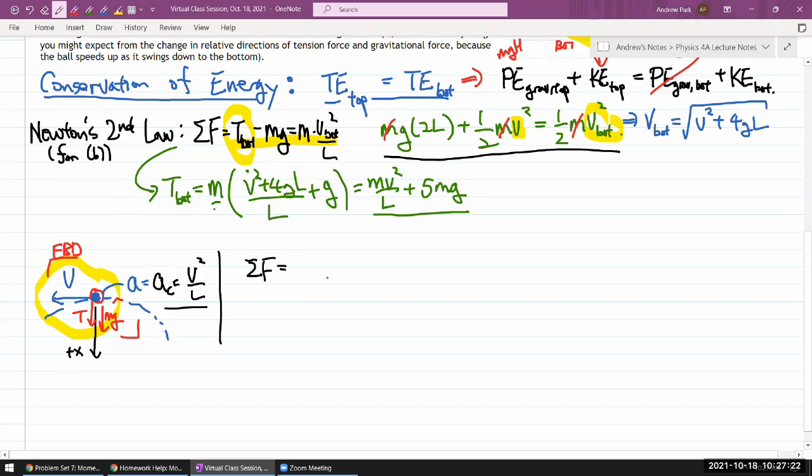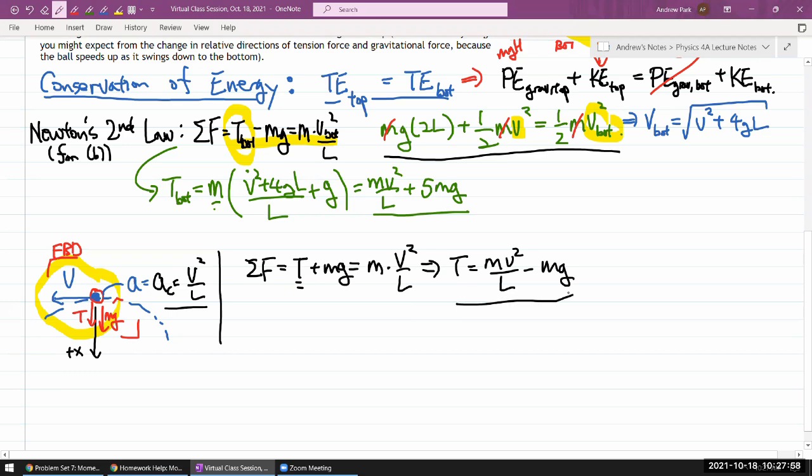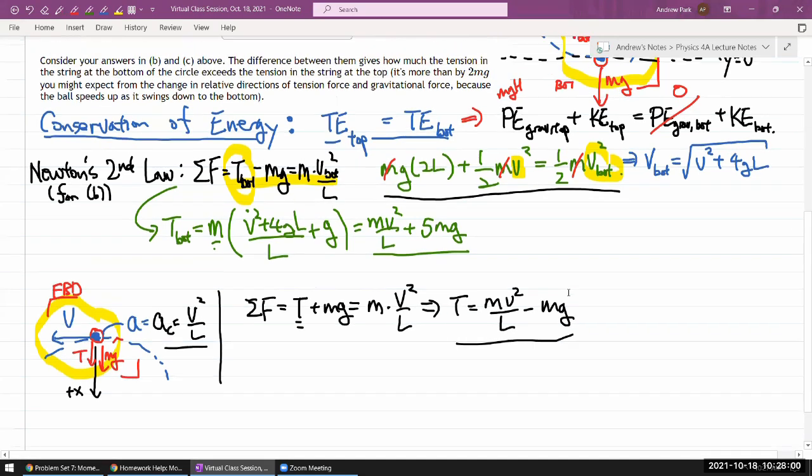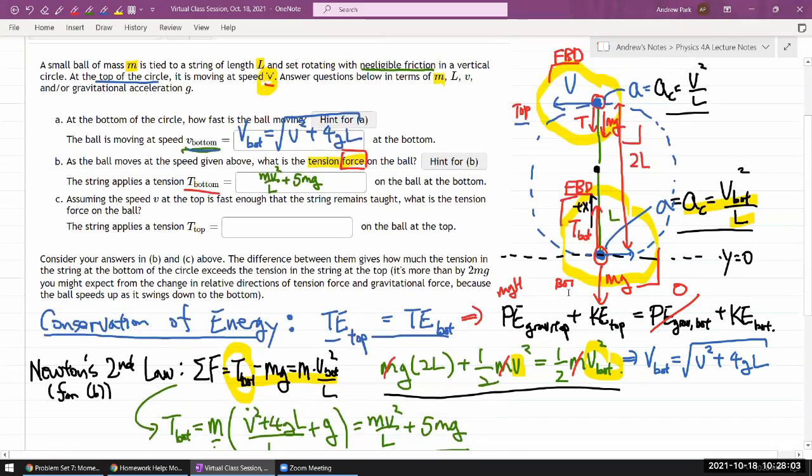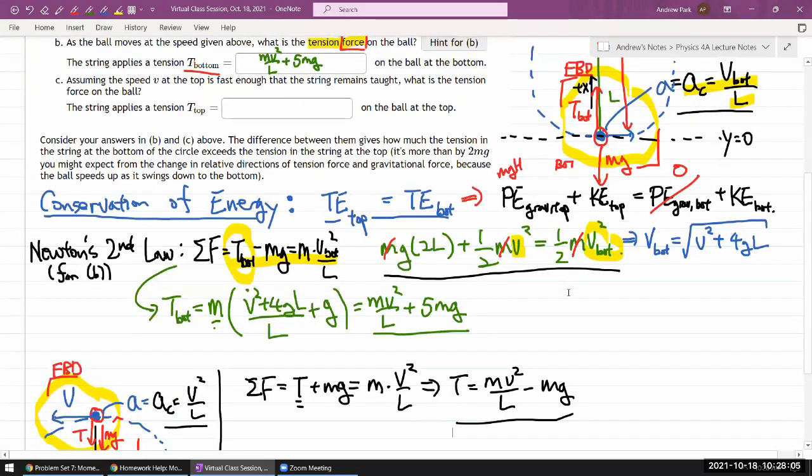Net force is equal to tension at the top plus mg this time because they're pointing in the same direction, is equal to mass times acceleration, the centripetal acceleration, v squared over L. Well, I can solve this for tension. Tension is equal to mv squared over L minus mg. I think I'm done. That is in terms of all the parameters that I'm allowed to use. Okay, so that's our answer to the tension force at the top.